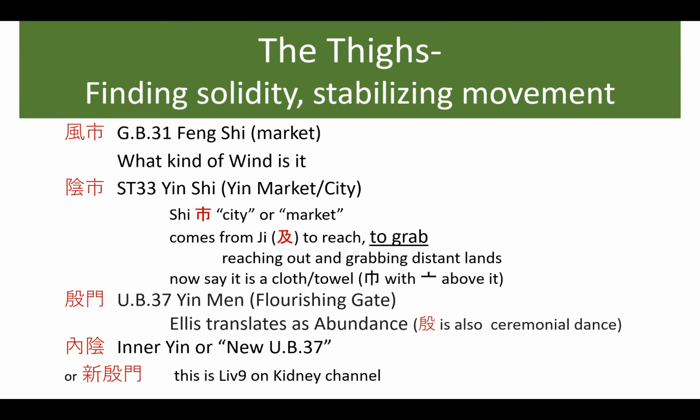Okay, the flourishing gait. And then inner yin, what I call inner yin, is actually in Chinese, if you're looking at extra point names, called Xin Yin Men, the new bladder 37. That's why I brought bladder 37. Inner yin is a very important point. Remember, it allows for that lift to happen.